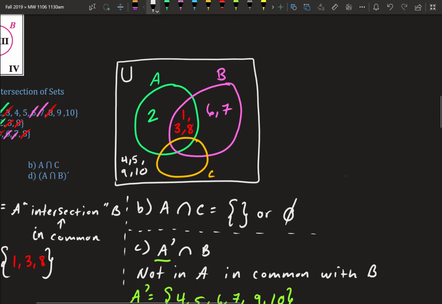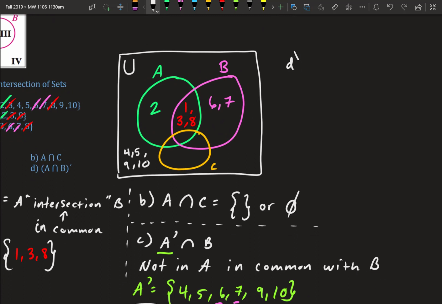Alrighty, part D, I'll do up here. Part D is the intersection of A and B, but not that. So what is that actually asking? Sorry, my bad.